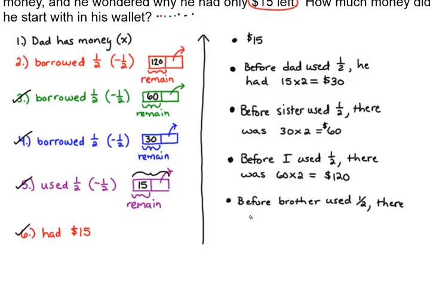In step 2, there was 120 times 2, which is $240. And that represented how much Dad's money was. So at the beginning, Dad had $240.